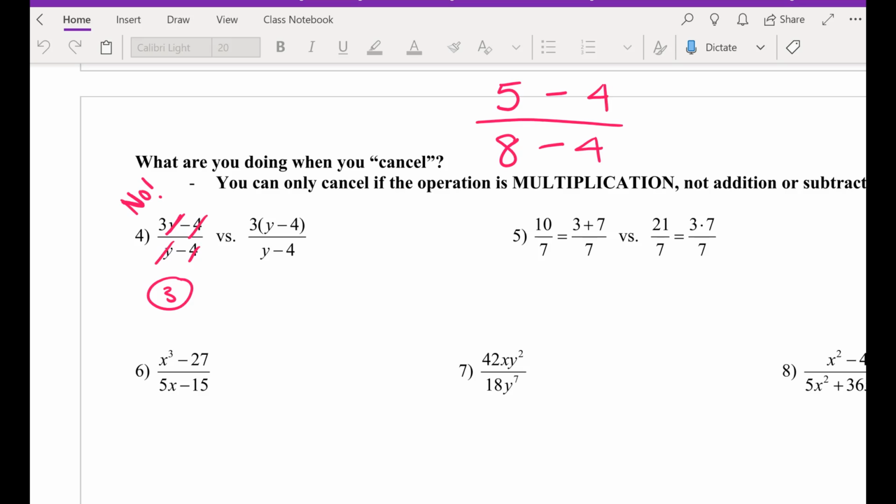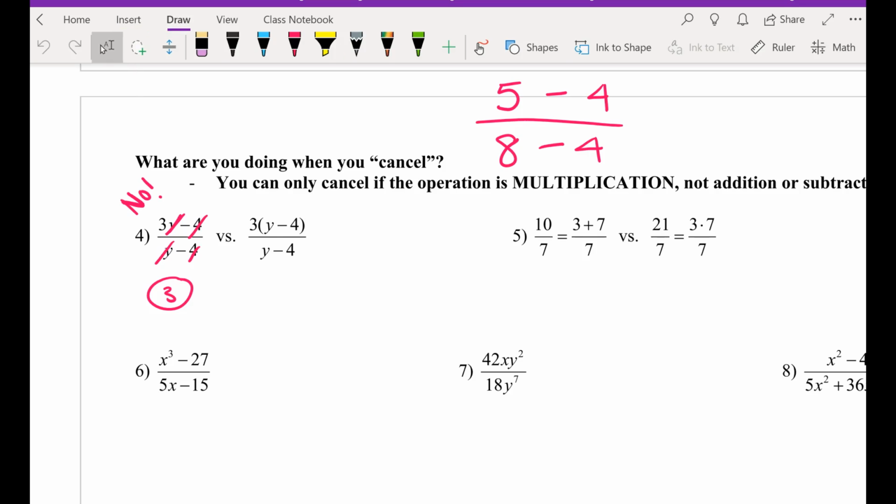If we do this the right way, what's the final answer? 1/4. Perfect. If we don't do it right, and then cancel the fourths, would you agree that you don't get 1/4? Okay. So when you have an addition or subtraction, can you cancel? No. Over here, can you cancel?